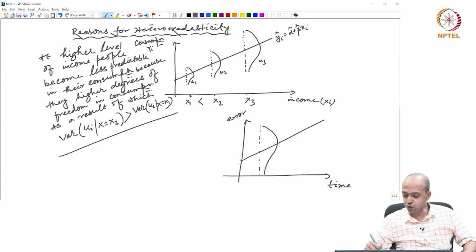But as time goes on, this is t equals to t1. Then as time increases, what will happen? You will learn how to type better, and your error variance actually will come down, and when you have too much of experience, then you will have very less error.